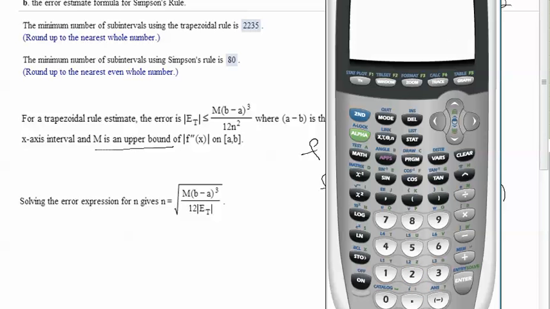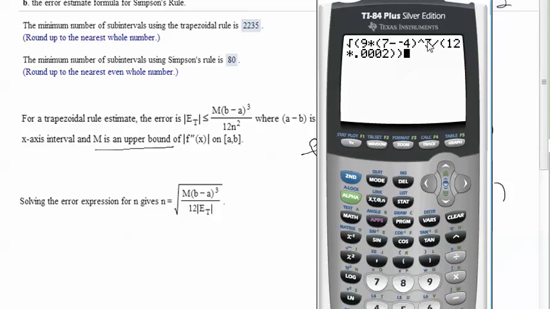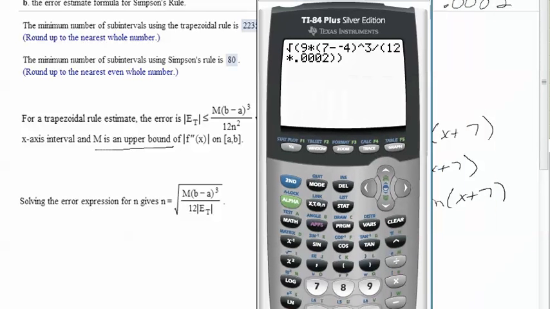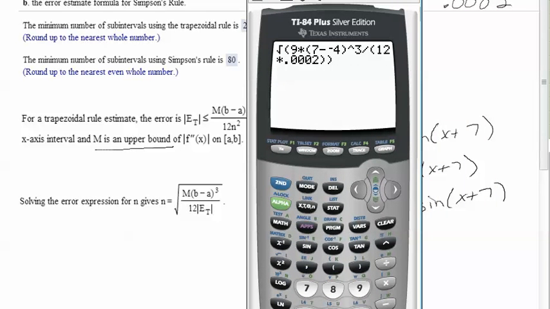Close that parenthesis and close that parenthesis. Let me show you how I type that into my calculator, and then you just hit enter, and it gives you that number, and you always want to round up. So that's how we got the 2,235.